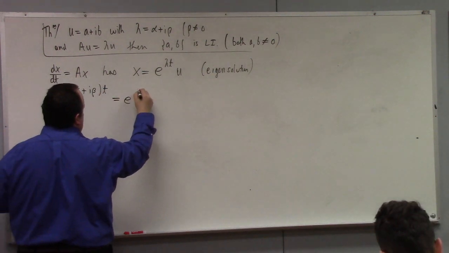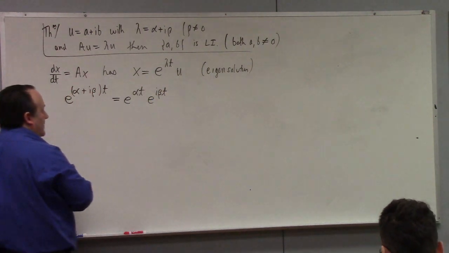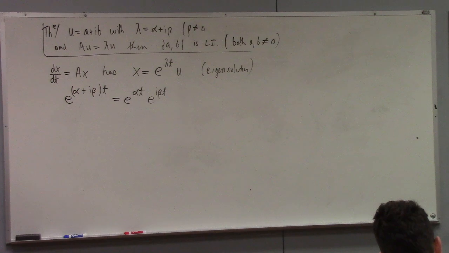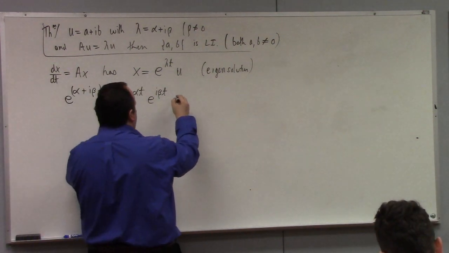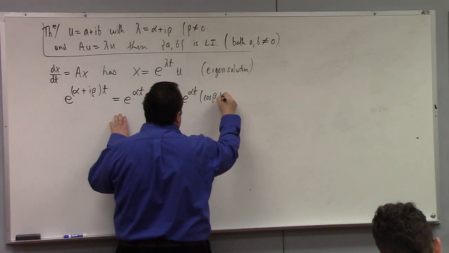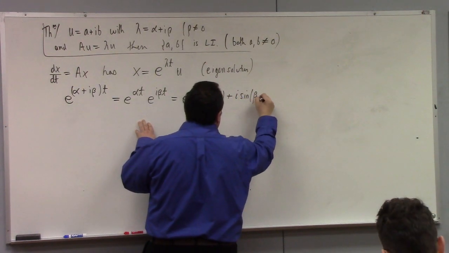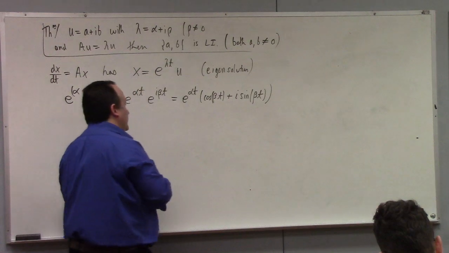What this means is e to the alpha t times e to the i beta t. All right? And e to the i beta t is the sum of sines and cosines. In particular, this is e to the alpha t times cosine beta t plus i times the sine of beta t. This is called Euler's formula.